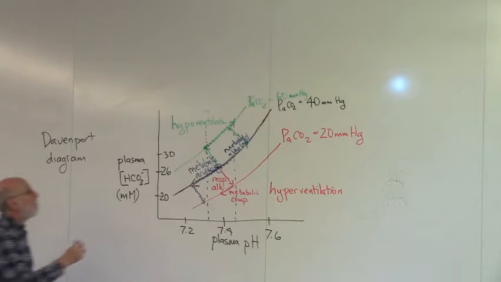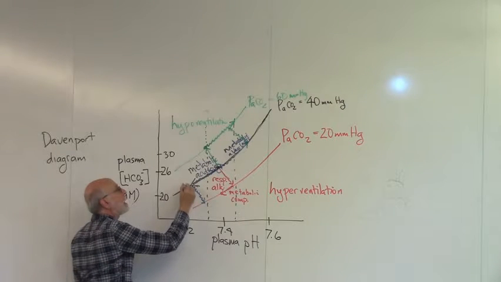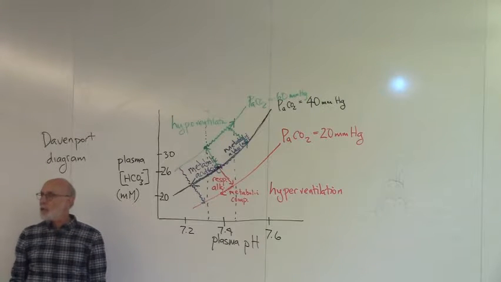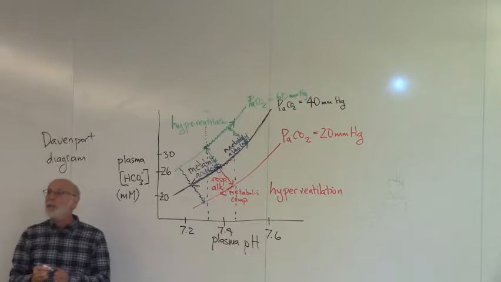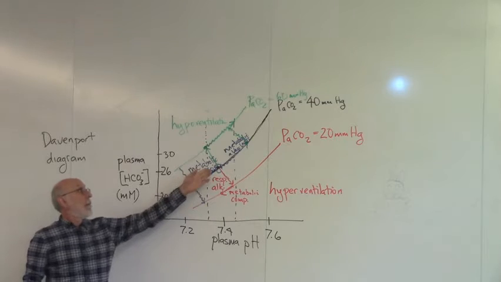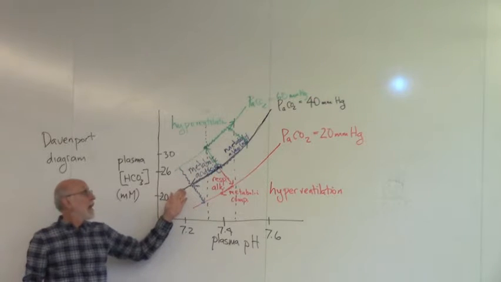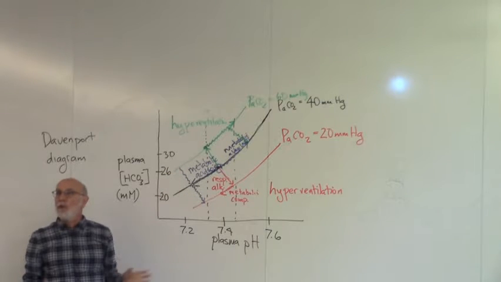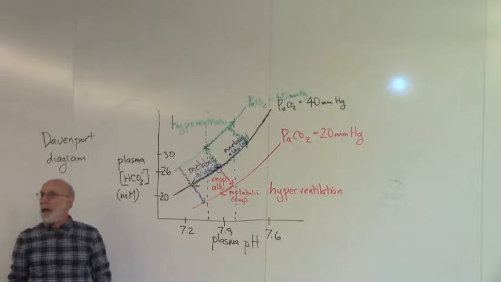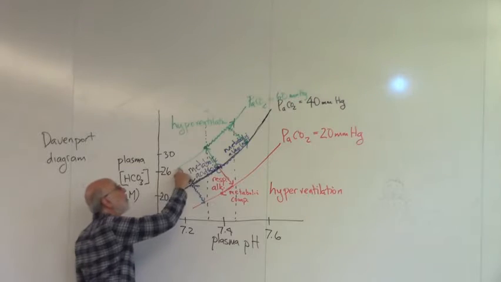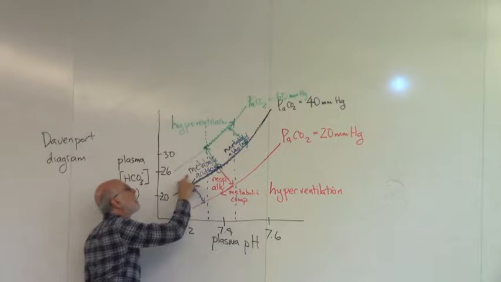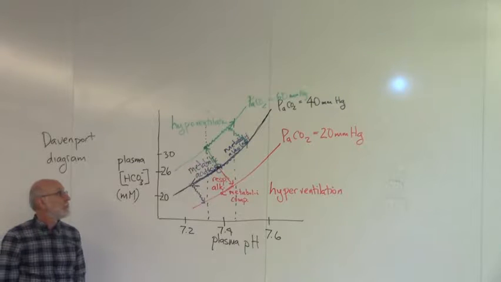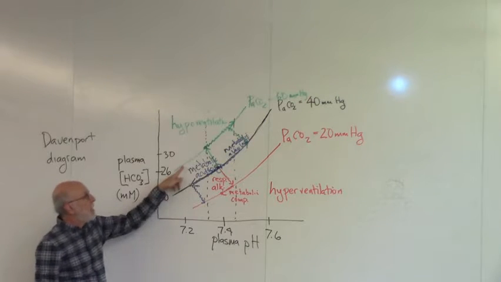Would the body ever do this? Go from metabolic acidosis to this? No, that's making it worse. That would never be a compensation. That would be a combination of metabolic acidosis and respiratory acidosis. That would be two defects happening on top of each other. So that's not compensation, that's two defects. And we can get to that point in two ways.